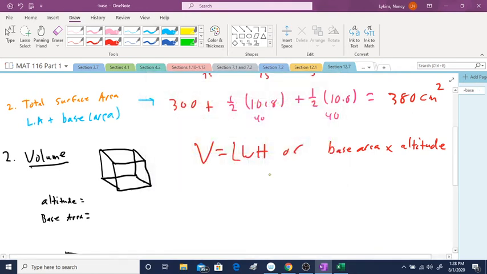So I'm going to have to give you the altitude, which I'm going to say is 14 inches. And the base area is 400 inches squared.